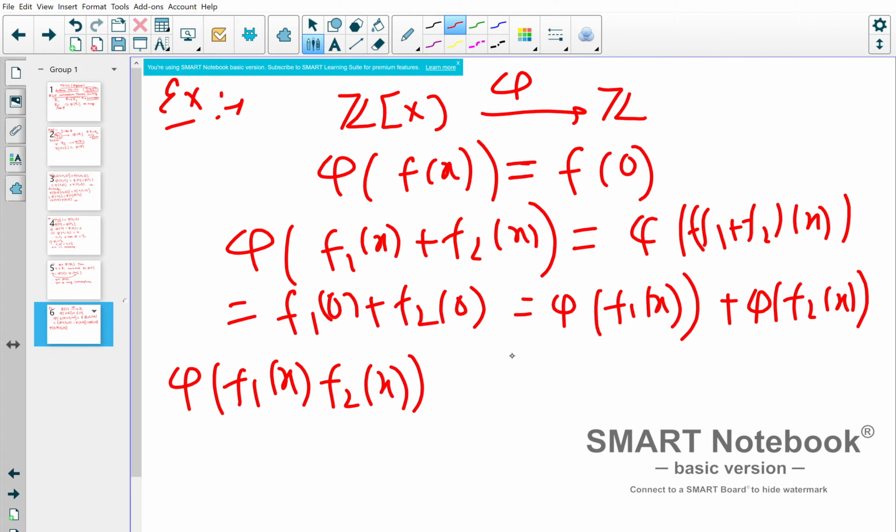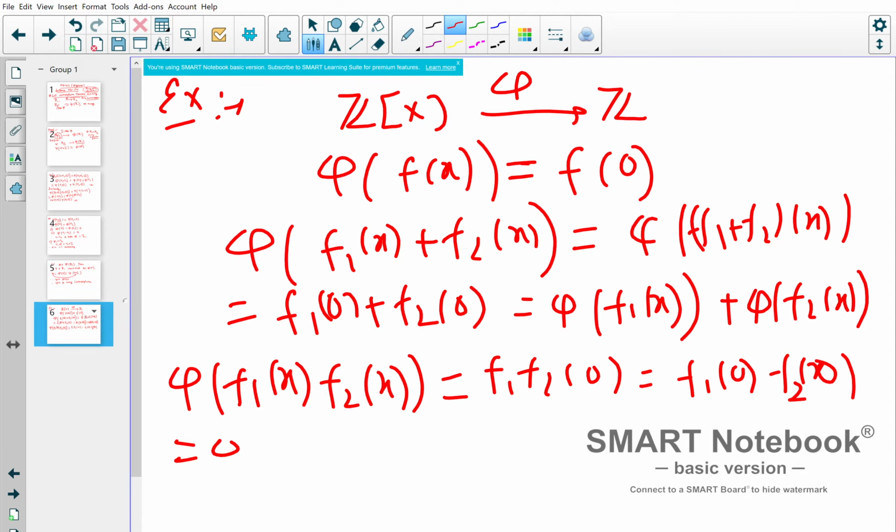Okay, so now you are sending this phi of f1 f2, think about f1 f2 of 0, which is nothing but f1 of 0 into f2 of 0, and thus you have phi of f1 of x into phi of f2 of x.